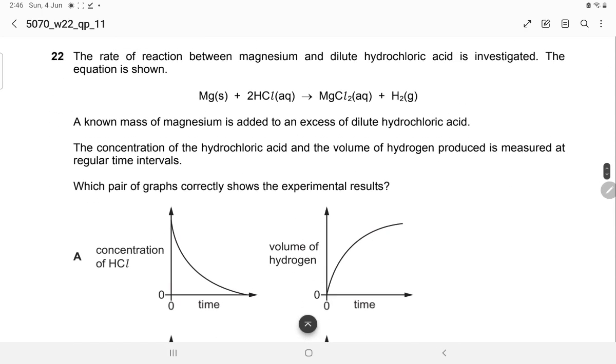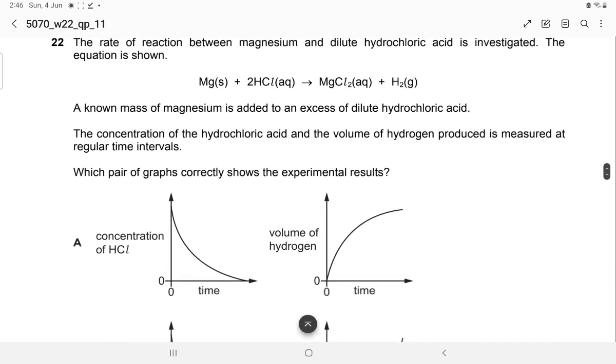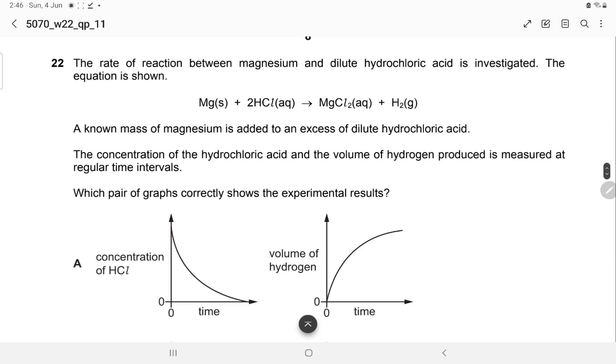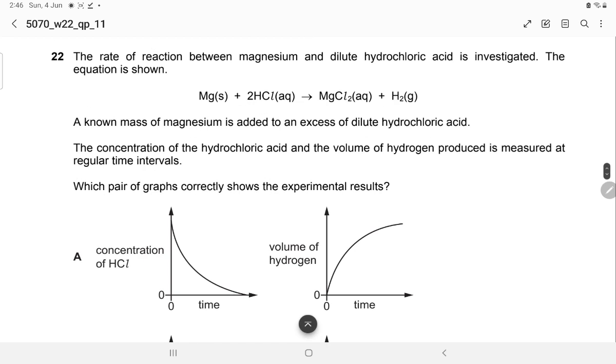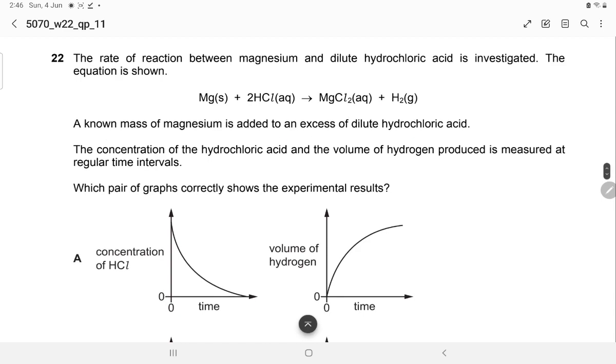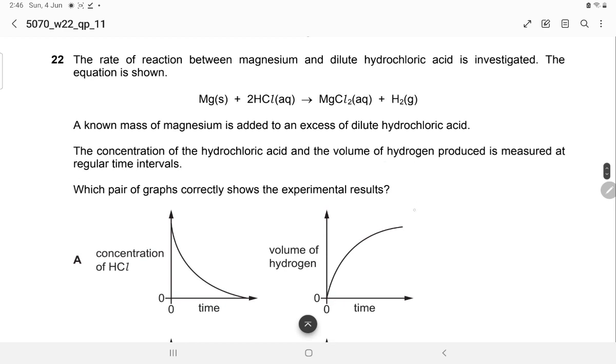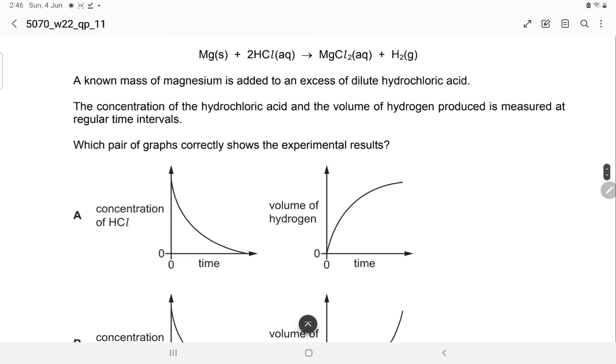Question number 22. The rate of reaction between magnesium and dilute hydrochloric acid is investigated. This is the equation. Hydrogen gas is evolved. A known mass of magnesium is added to an excess of dilute hydrochloric acid. Hydrochloric acid is in excess. The magnesium is limiting.